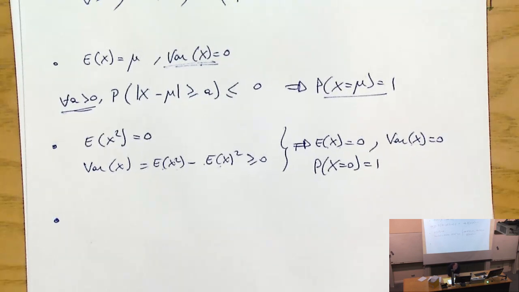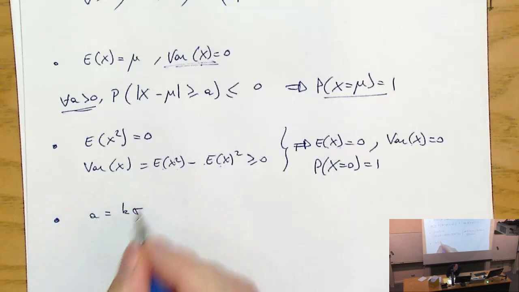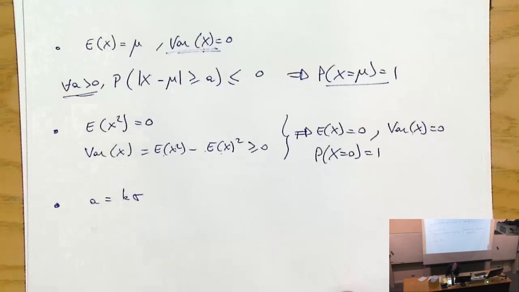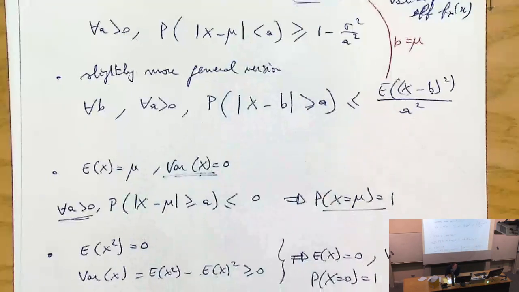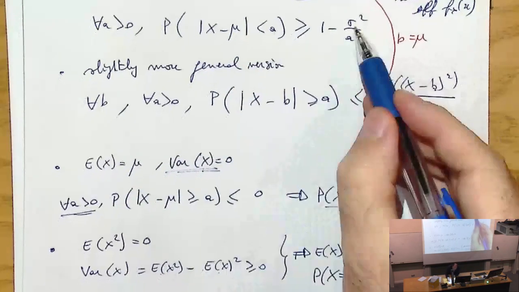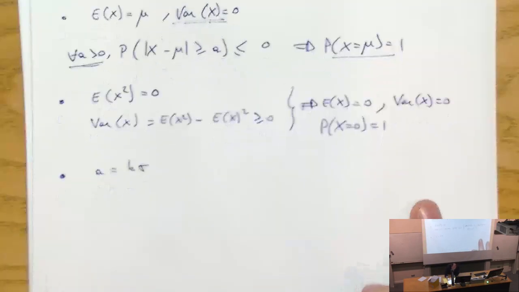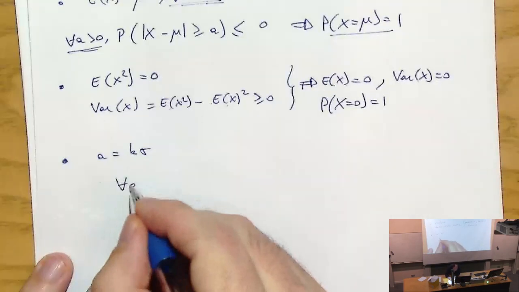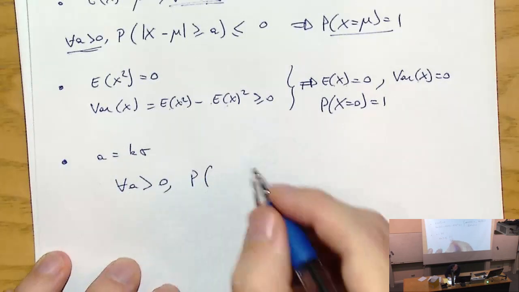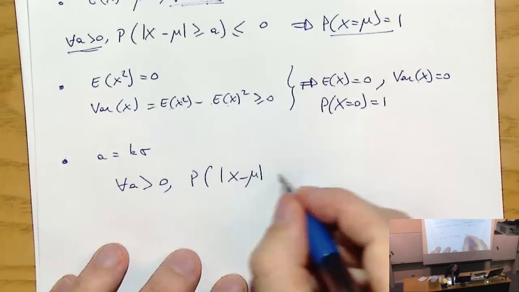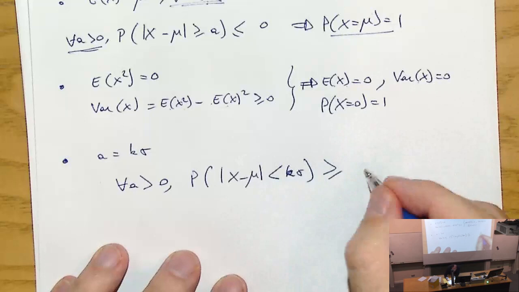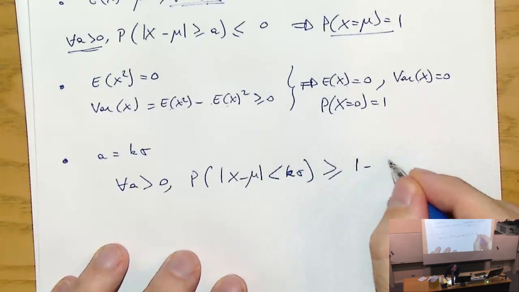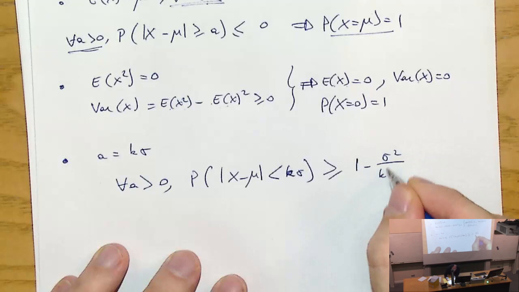One more thing, if I write a as k sigma, where sigma is my standard deviation, I can write this relationship that we have here slightly differently, where a is now k sigma, and I can plug this into this expression. So what I have is the probability of |x minus mu| being smaller than k sigma is larger than 1 minus sigma squared over k squared sigma squared, right?